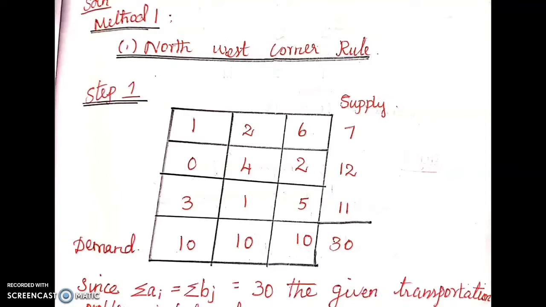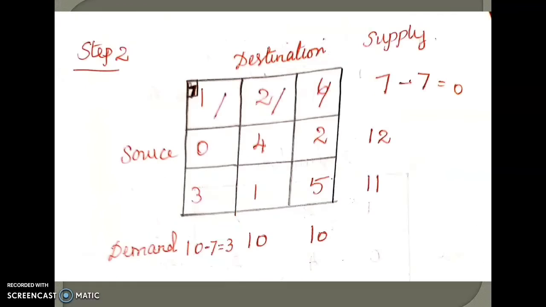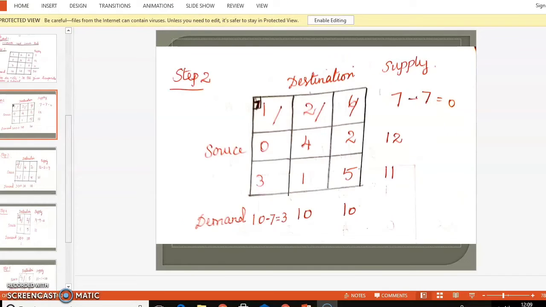Next, move on to the second procedure. So in step 2, this is the northwest corner problem. We have to check the northwest corner cell. So in this 3 by 3 matrix, the northwest corner cell value is 1. You have to check the supply value and demand value for that particular cell.